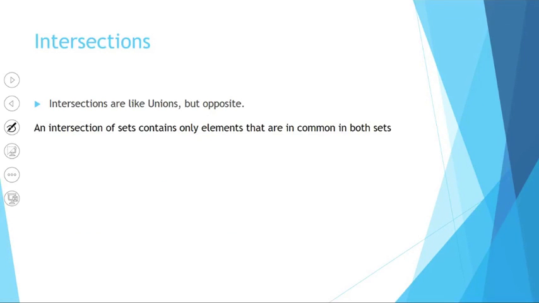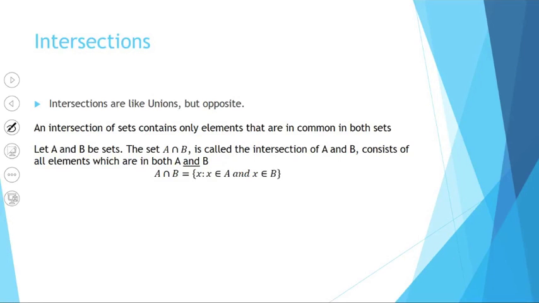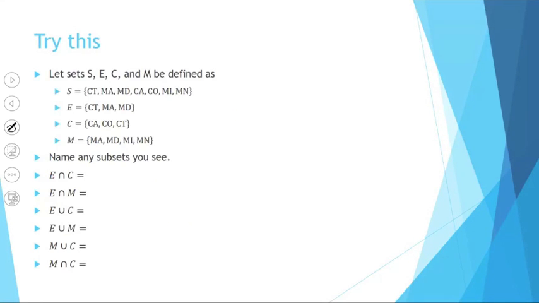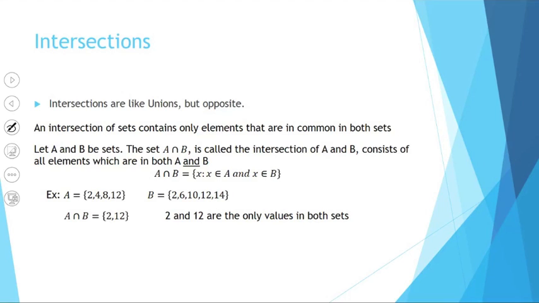Intersections are similar, but they're a little opposite, a little different. Intersections are denoted like this. So it's kind of that horseshoe shape like that.